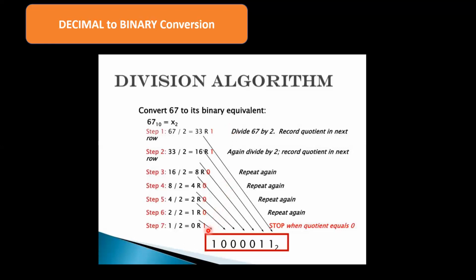In this case, we have 1, 0, 0, 0, 0, 1, 1. Therefore, the binary equivalent of 67 is 1000011, and then you put base 2 since binary is base 2.